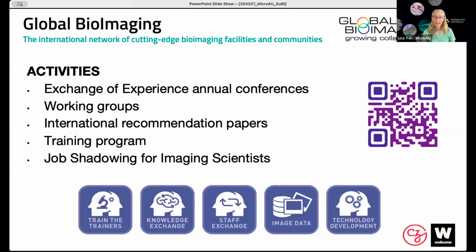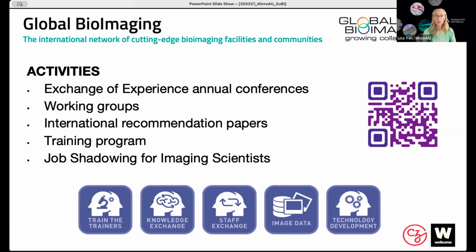So I do think there are a range of activities. The Exchange of Experience is an annual conference that really does provide networking for imaging scientists and facility staff and is, in my opinion, a really unique and incredibly supportive conference with a lot of practical as well as inspirational information that gets shared.